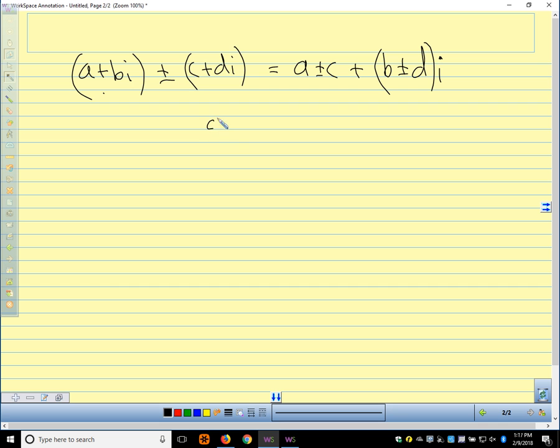So what we're saying is we add or subtract the real parts and add or subtract the imaginary parts.